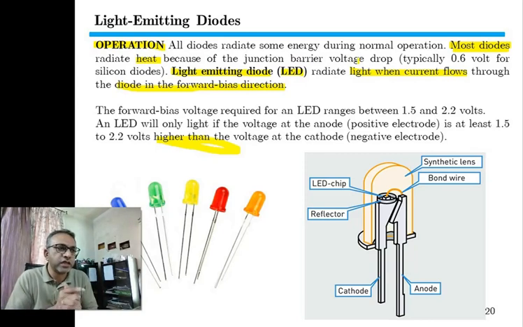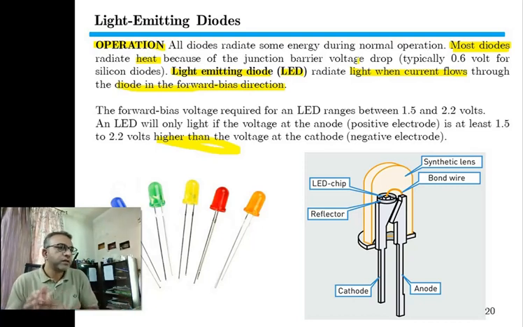So what is this heat formula? The power dissipated is the energy divided by time, and the power dissipated through the junction barrier voltage is equal to the voltage drop across the diode multiplied by ID, where ID is the current flowing through the diode. Because it is DC voltage, there is no need for cos theta.